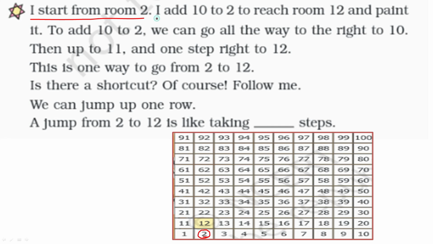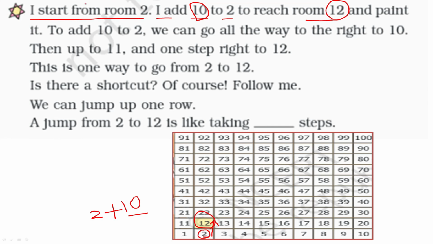I add 10 to 2 to reach room number 12. To reach room number 12, what am I doing? Add 10. Add 10 to 2. 2 plus 10. For adding 10, I go 1 step up. 1 step just up to reach room number 12.